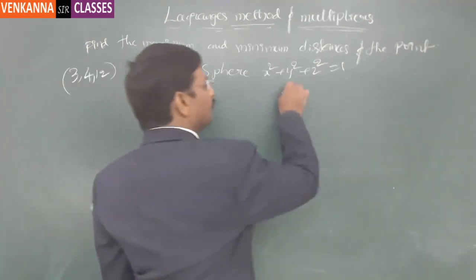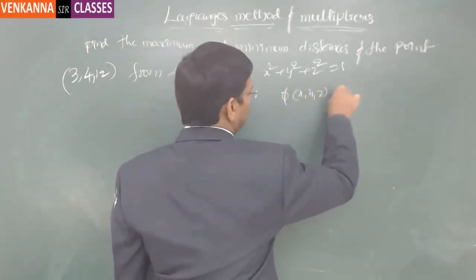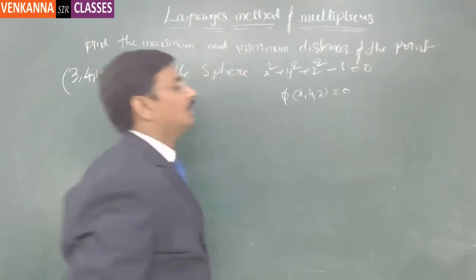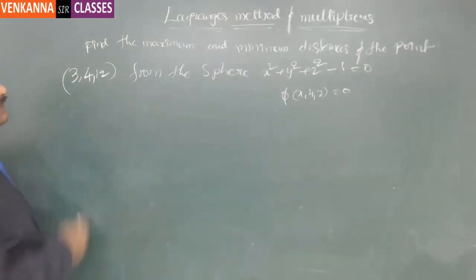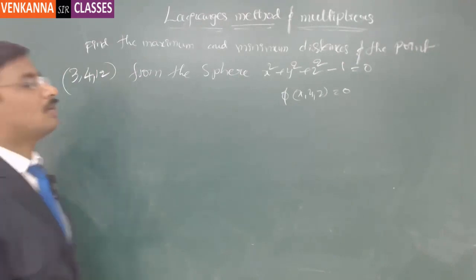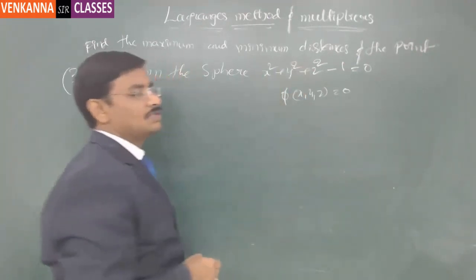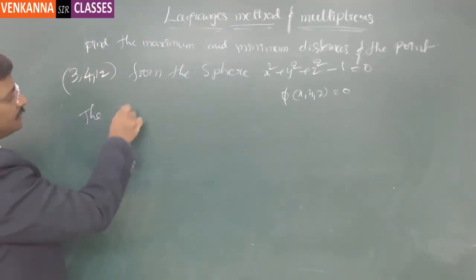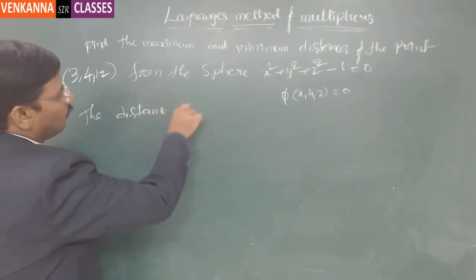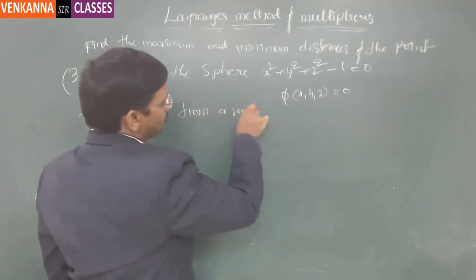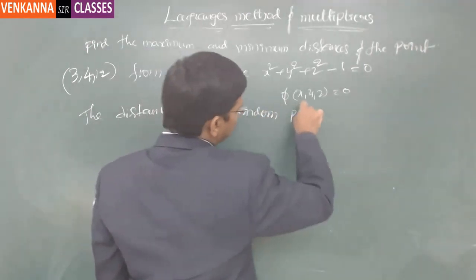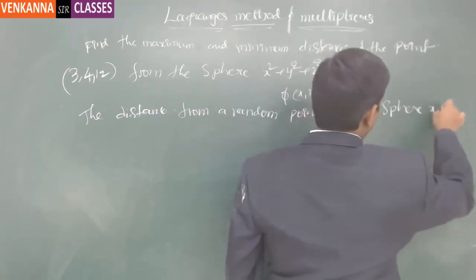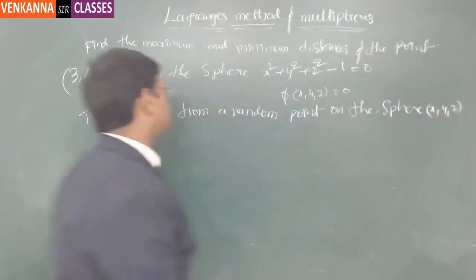Now this will form the constraint, x square plus y square plus z square is equal to 1. If you take this one to this side, it will be minus 1 equal to 0. That will be the constraint. Then the distance from any random point x, y, z on the sphere to the point.